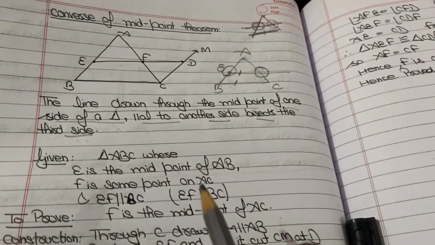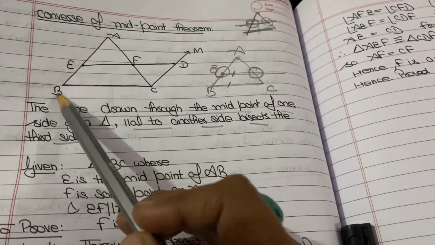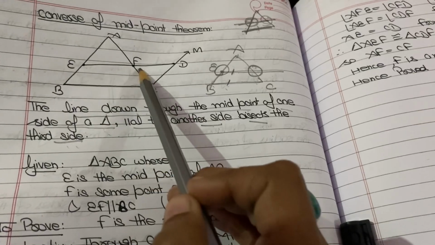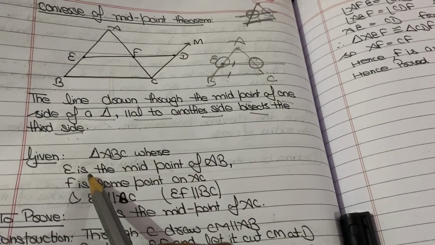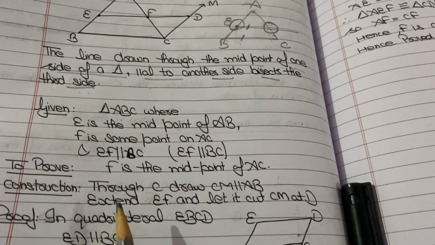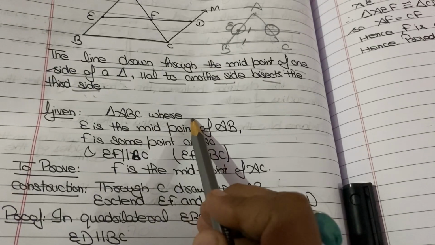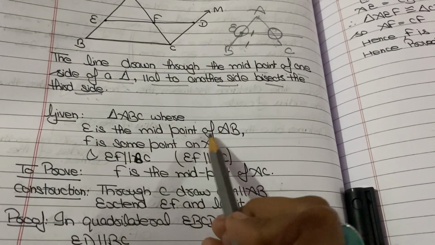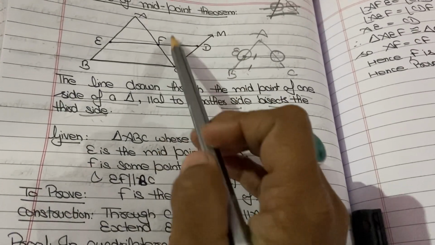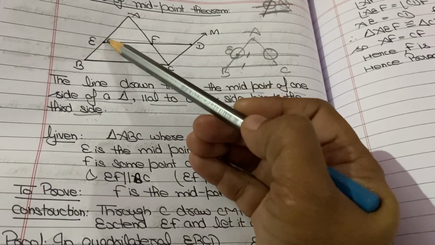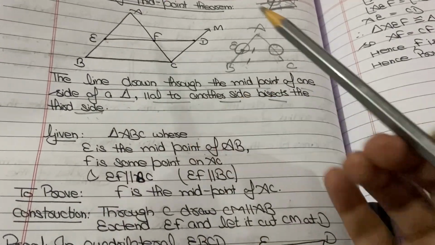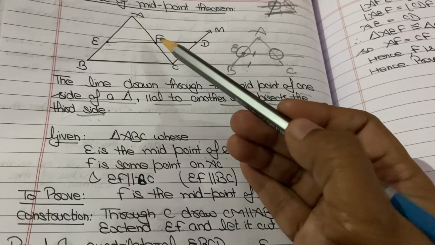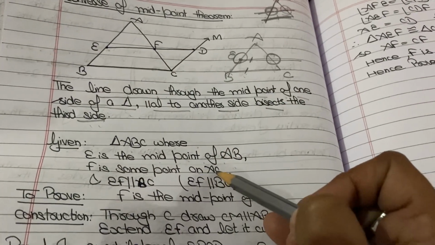Clear? So here is the diagram ABC in which EF is drawn. Let's start. Given: triangle ABC where E is the midpoint of AB, and F is some point on AC.